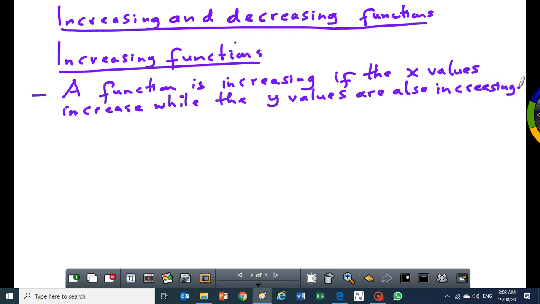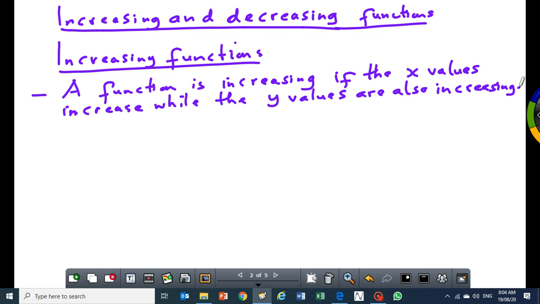So if x values are increasing, whilst the y values are also increasing, then you can say that the function is an increasing function.